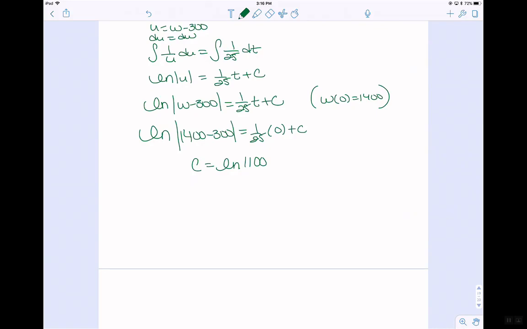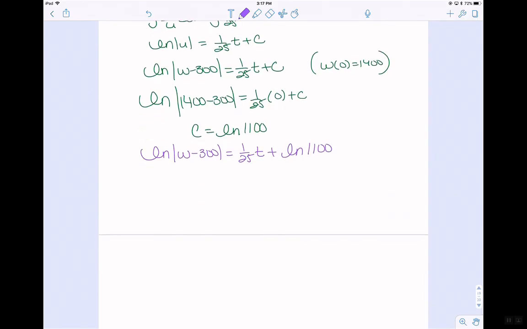Okay? And so I get the ln absolute value of W minus 300 is equal to 1/25 t plus the ln of 1100. Okay, I need to isolate W.